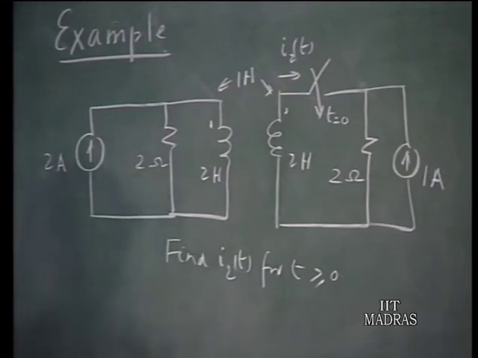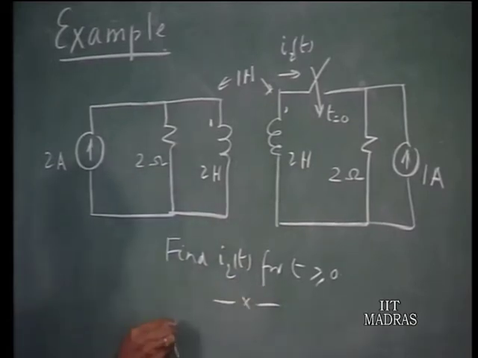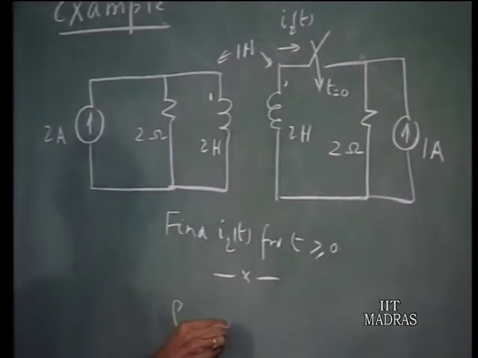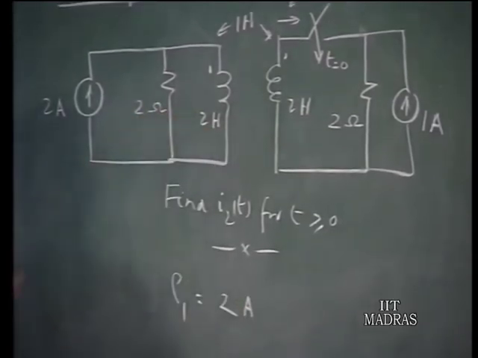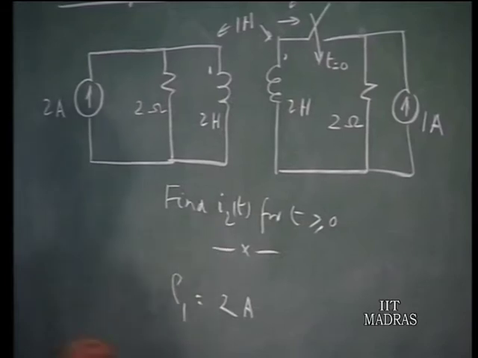Therefore, this 2 ohms is short circuited. Therefore, rho 1 is 2 Henries. So, from the statement of the problem, we know that rho 1 is 2 amperes, that is the current in this inductor at t equals 0 minus, and the current in the second inductor is 0 amperes. So, that is what we are having.